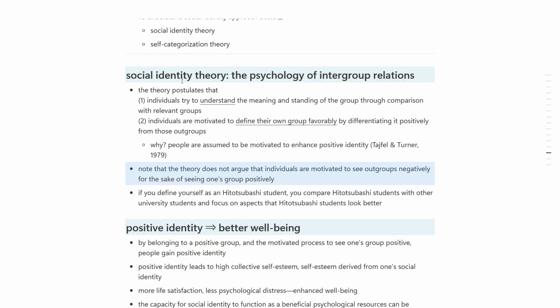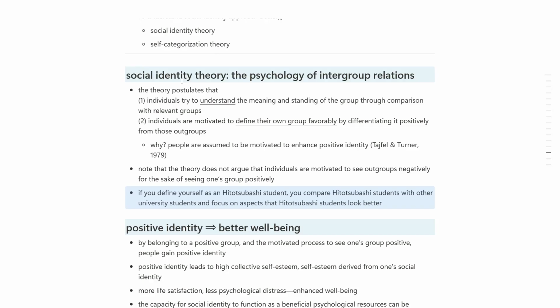Okay. So if you define yourself as a Hitotsubashi student, you may compare Hitotsubashi students with other university students, and then you are more likely to focus on aspects where Hitotsubashi students look better. And then maybe some people come to say that there are some bad aspects that Hitotsubashi University students have.